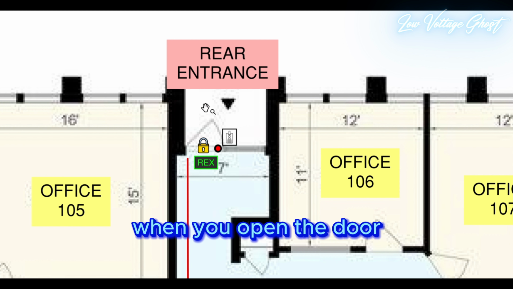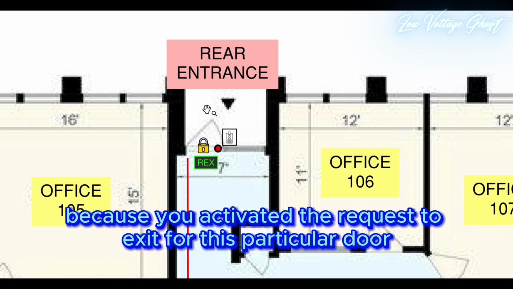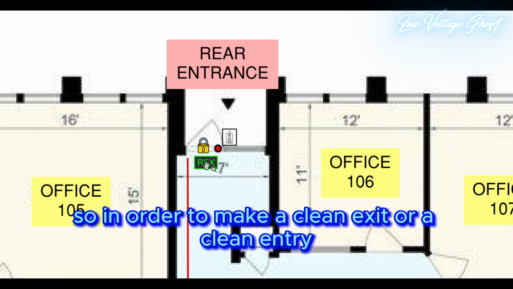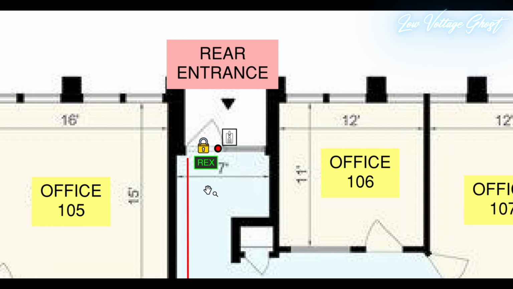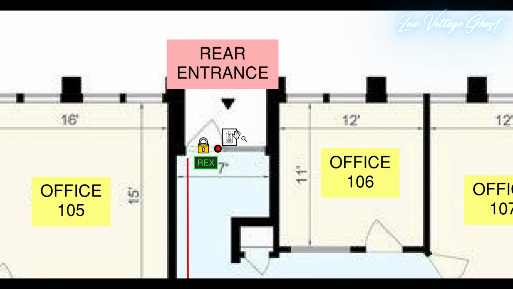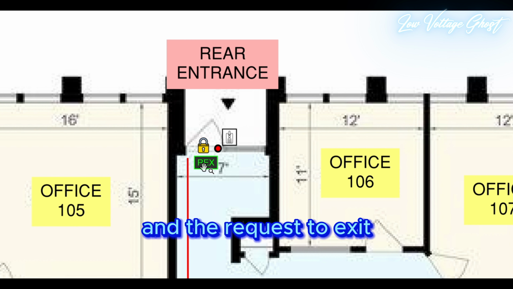When you open the door, there will be no alarm because you activated the request to exit for this particular door. So in order to make a clean exit or a clean entry, you need to activate either the badge reader with the correct credentials or the request to exit.